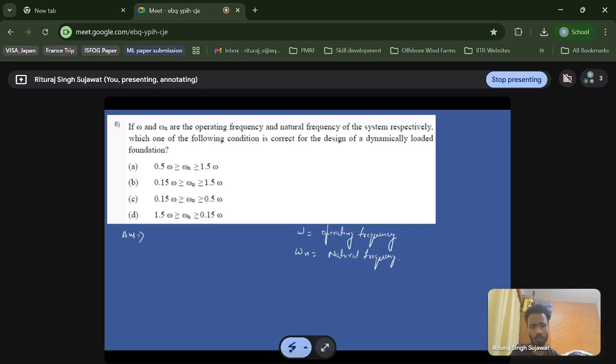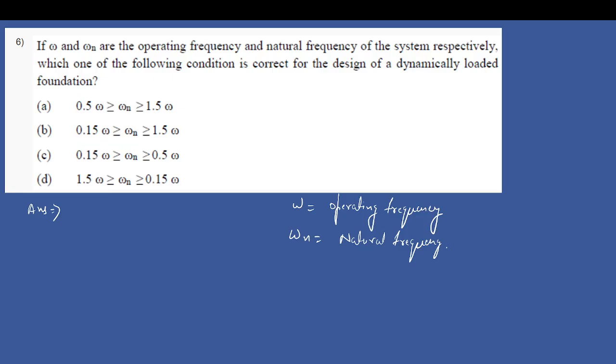Sir, can you please explain this answer? Yeah, so the correct answer is option A, which is 0.5 omega is greater than 1.5 omega. So this is the case. Let's say you are having a certain foundation. Okay, let's talk about the shallow footing.